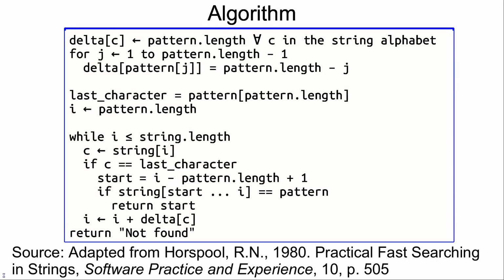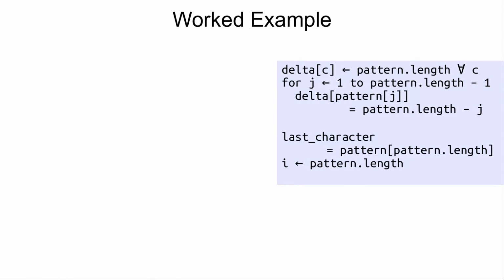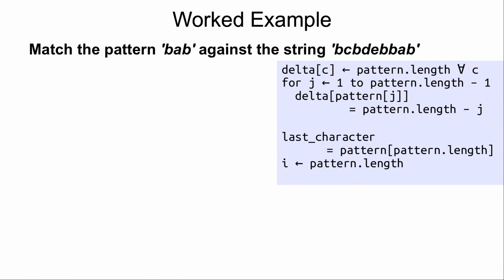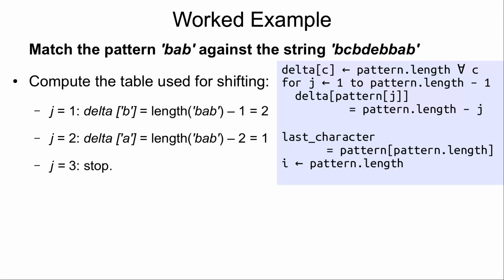So here's a worked example. Match the pattern BAB against the given string. The first step is to build the table containing the distance of each character from the end of the pattern. For B, the rightmost occurrence, ignoring the last character in the pattern, is at position 1, so the value for B is 3 minus 1, which is 2.